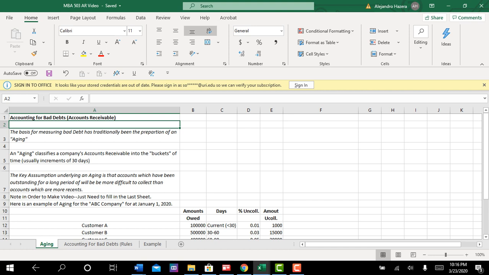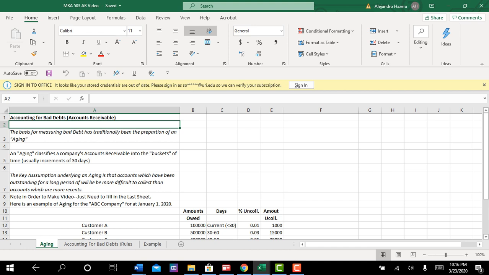However, based on past performance, based on credit history, let's say, we all have credit ratings, and based on companies' credit experiences with their various customers, they are able to come up with some estimate of the amount of receivables, percentage receivables that will not be collected.